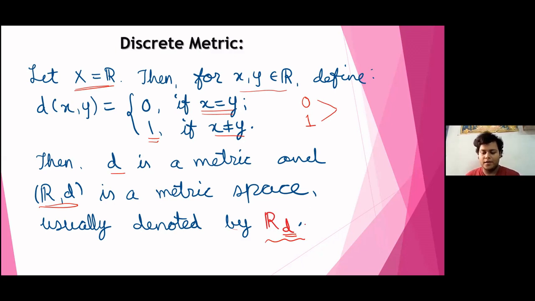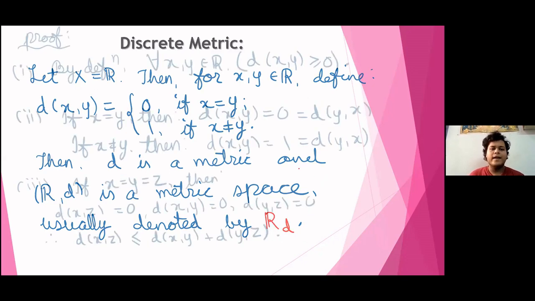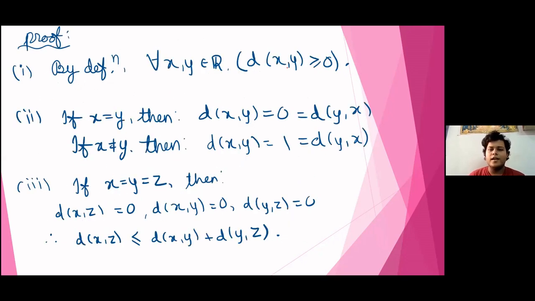So let us prove it. The proof is really very simple. By definition itself, the non-negativity property is satisfied: for every x and y in R, distance between x and y is greater than or equal to 0, and if distance between x and y is 0, then by definition we can conclude that x is equal to y.